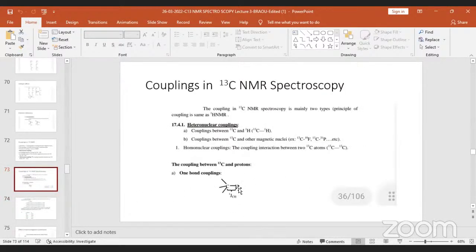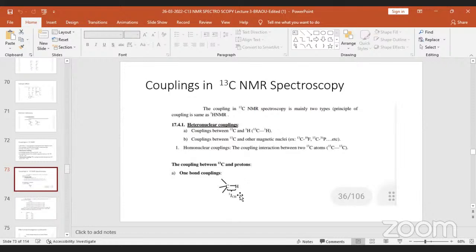Carbon is directly attached to hydrogen, so the carbon and hydrogen are separated by only 1 bond.